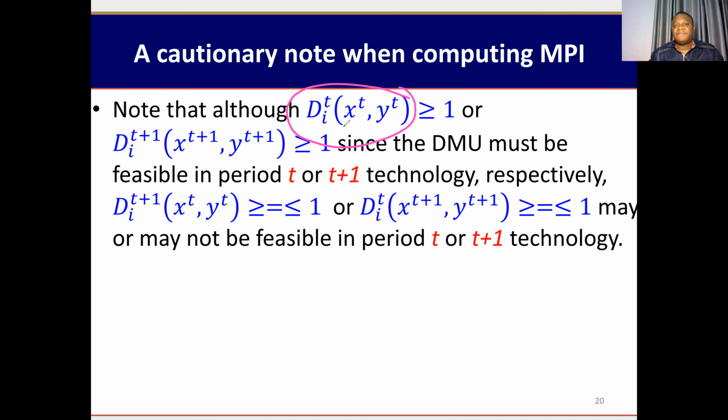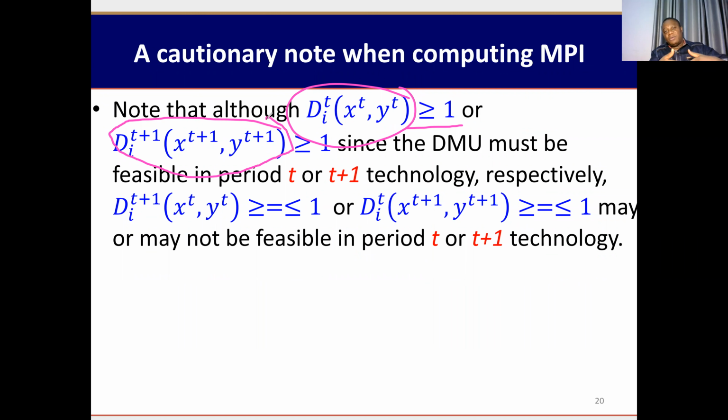Own period distance functions can be greater than 1 or equal to 1, because that firm must be feasible in that respective year's technology.